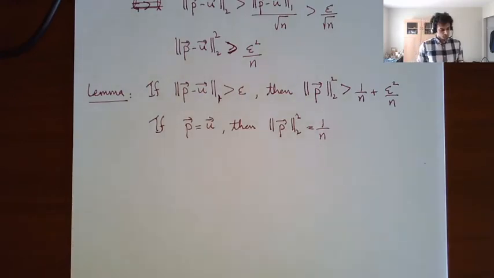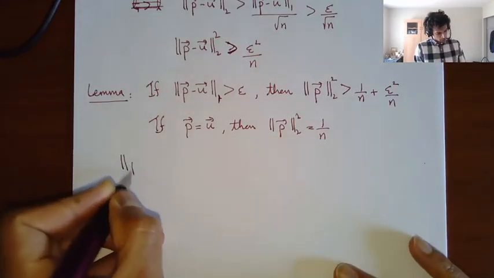But this very simple math that we did here is going to be the crux. This is going to give us the main indication towards how to do this better than n over epsilon squared. Questions on this?